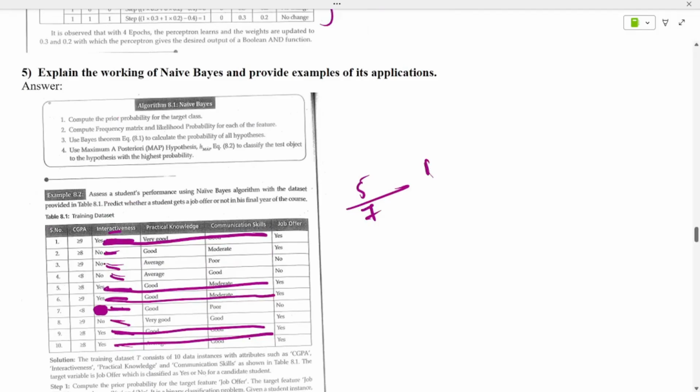You will get 1. And next is interactiveness no, but job offer yes. That is 1 and 2. That is it, 2 you will consider.